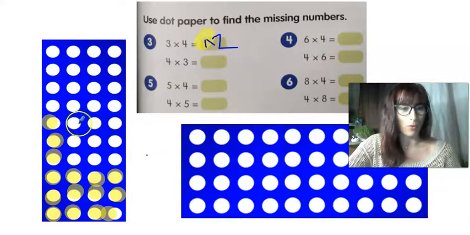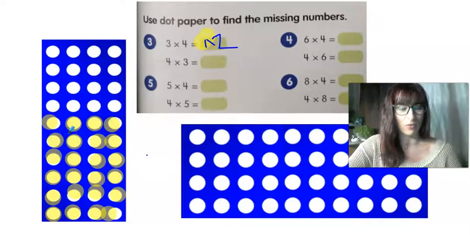And it's multiplied by 4, so I need 4 columns, 4 in each row. 1, 2, 3, 4, 1, 2, 3, 4, 1, 2, 3, 4. Here I already have these filled out from the previous exercise. So now I have 6 multiplied by 4 on my dot paper. This is perfect. This is how it should look.